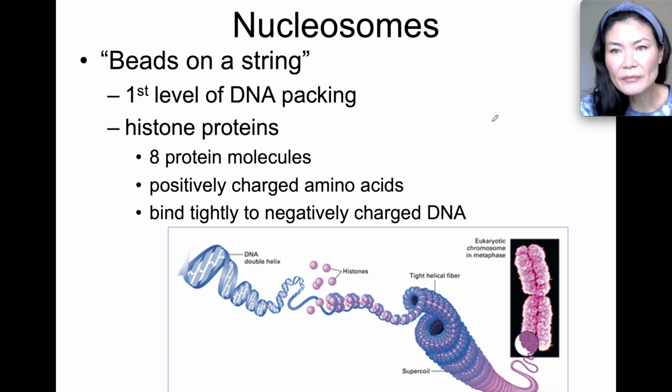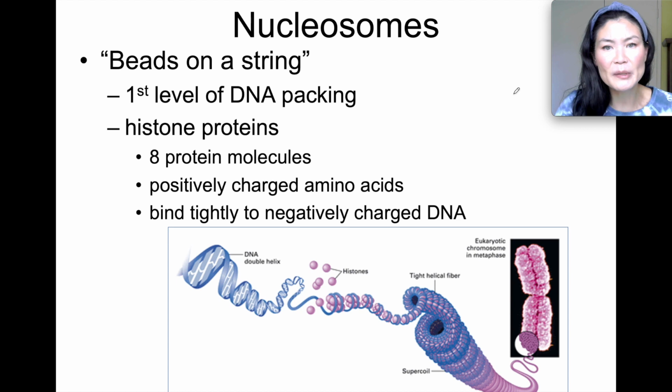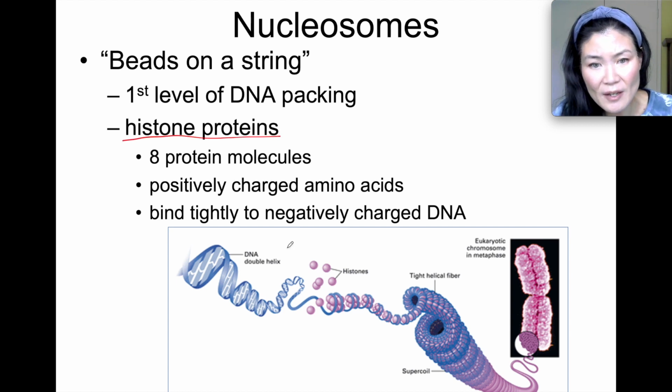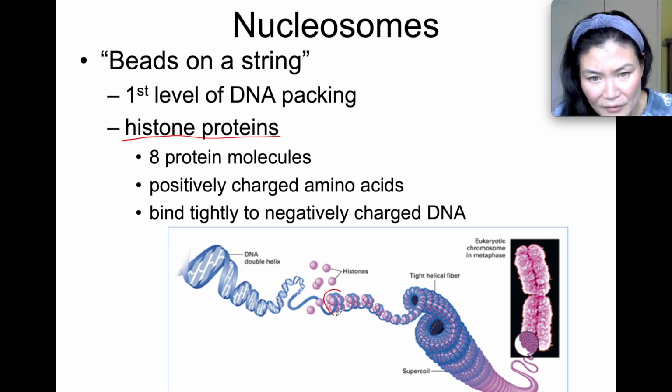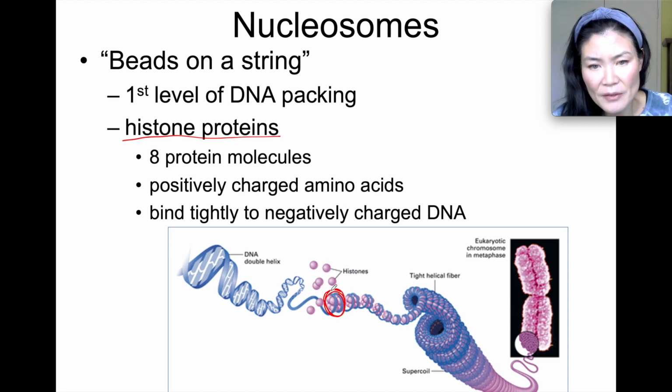But I want to talk a little bit about how the DNA wraps around those histone proteins. These histone proteins, there's 8 of them, so you can count them. Here's a packet of 8. Those are the histones together. There's 8 subunits that make up the nucleosome.